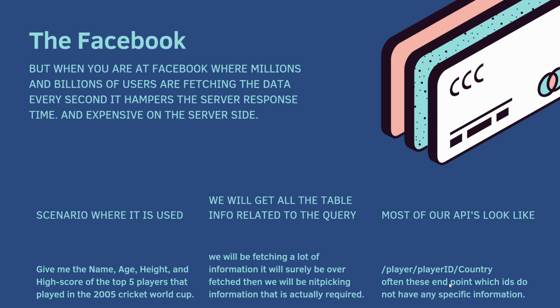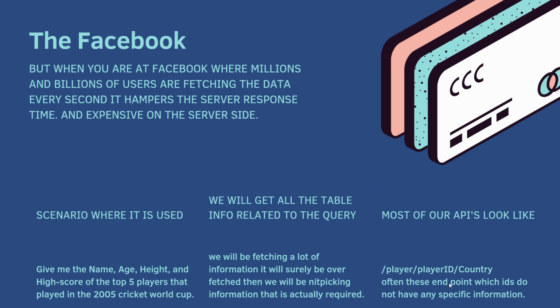Now take one scenario where it is used. Say we want to get the names, age, height and high score of the top 5 players that played in the 2005 cricket world cup.